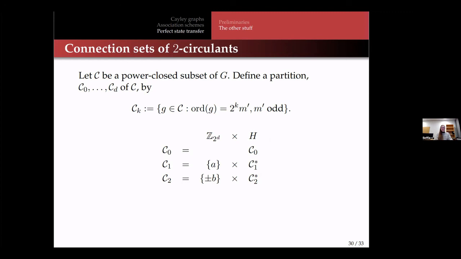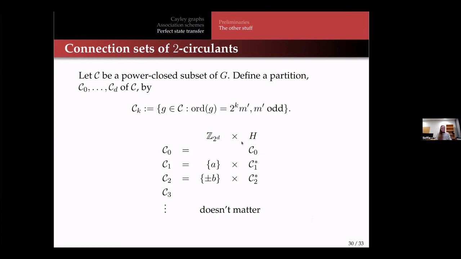So we have C0, C1, C2. What happens with the rest of the sets? It actually doesn't matter. They're not going to play a role in whether our graph has perfect state transfer or not, as long as we've chosen the whole set to be power closed, which means that each of these is power closed. But aside from that fact, it doesn't matter what's happening there. We look at these three sets here.